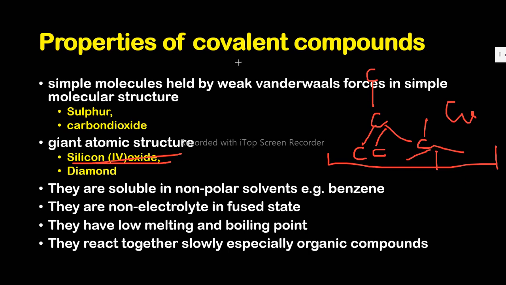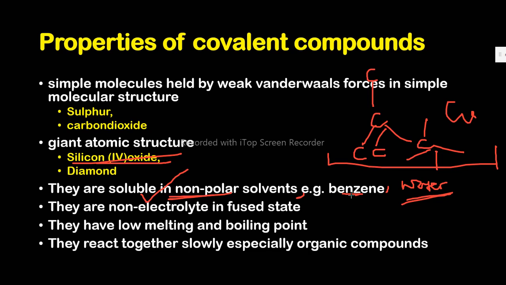But otherwise, all covalent compounds are soluble in non-polar solvents and insoluble in polar solvents such as water. They are insoluble in polar compounds such as water, but readily dissolve in non-polar compounds, because like dissolves like, and unlike doesn't dissolve unlike.